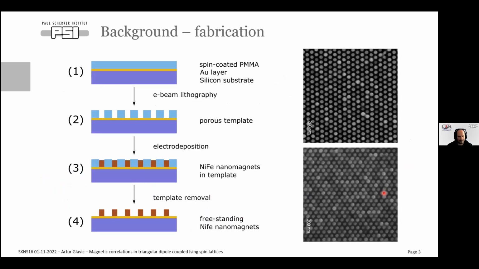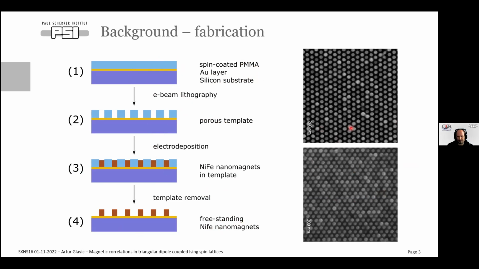The samples we have prepared with electron beam lithography over the whole sample. So you basically start with a silicon and gold substrate, and then have a PMMA-coated optical resist, then e-beam lithography, and then we use electrodeposition to grow iron nickel into those holes, and then removed the template with a solvent.